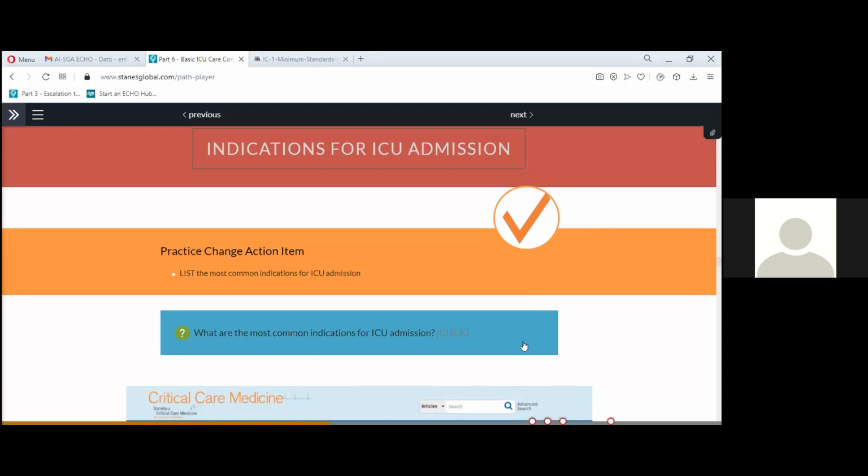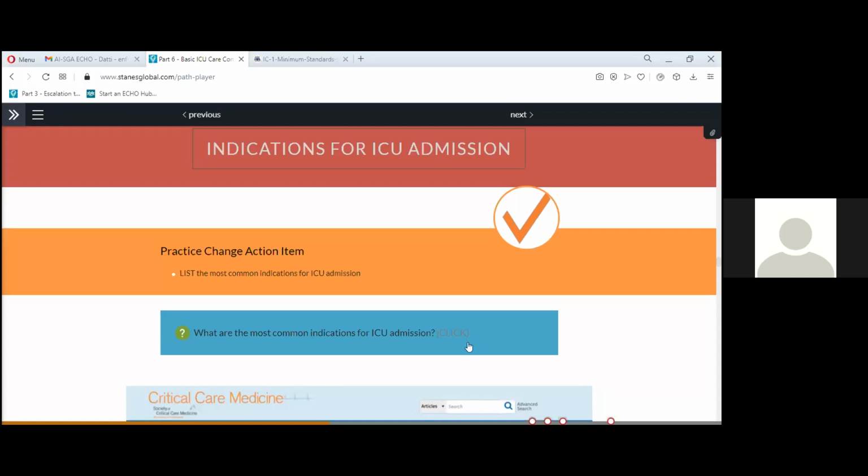Close monitoring. Severe tetanus, GCS less than 9. Trauma. Post-op patients without respiratory effort. Stroke. We've gotten quite a number of responses from the participants. Organ support.